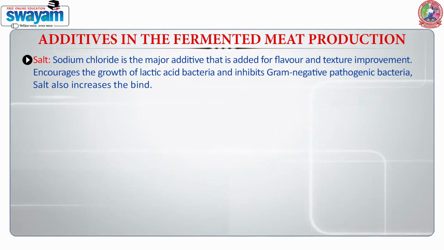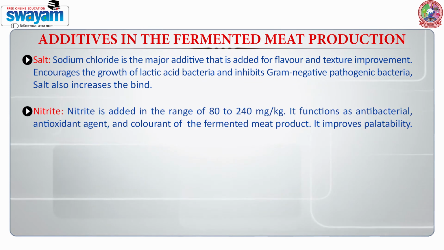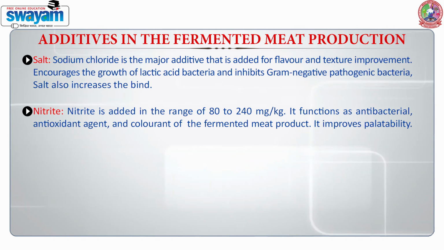The salt also increases the binding. Nitrite is another additive. Nitrite is added in the range of 80 to 250 milligram per kg of the substrate. It functions as an antibacterial, antioxidant agent and a colorant to the fermented meat product.